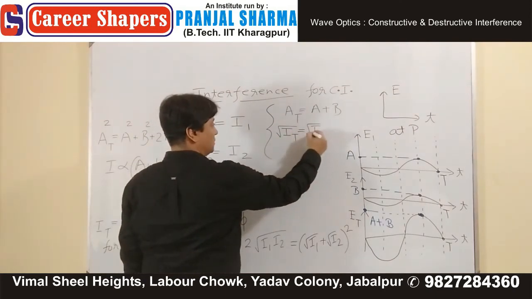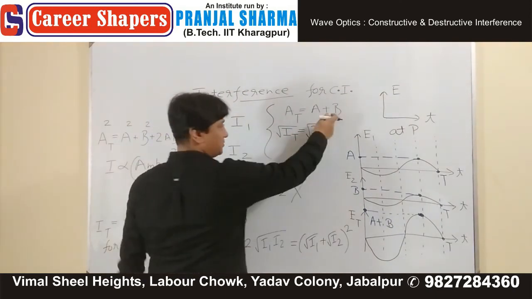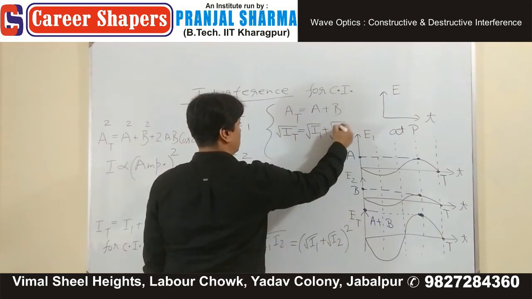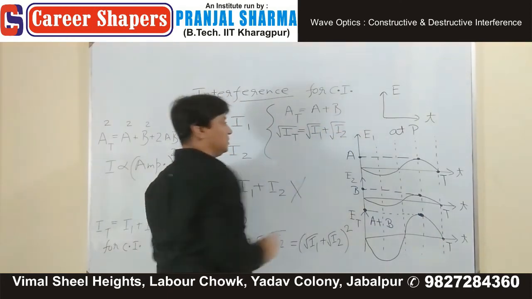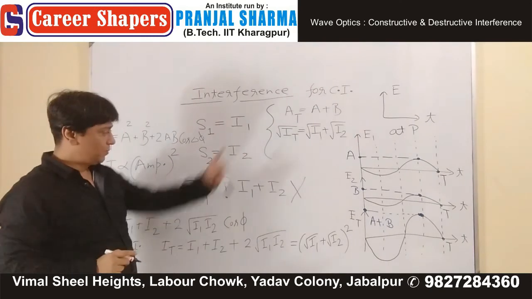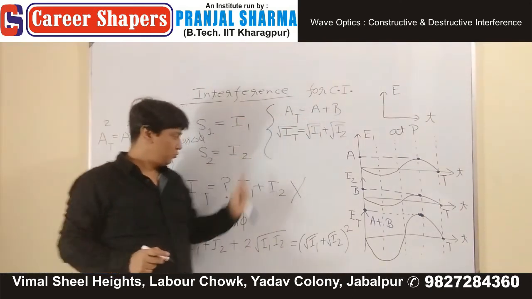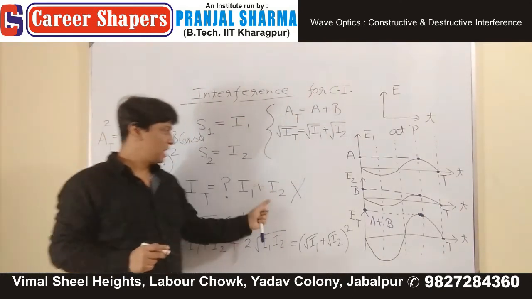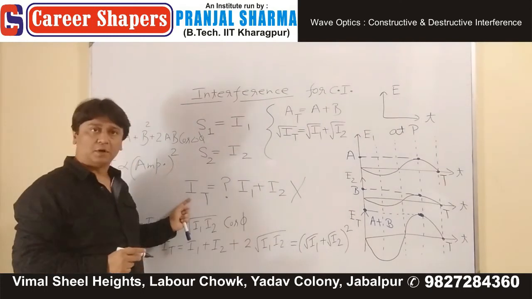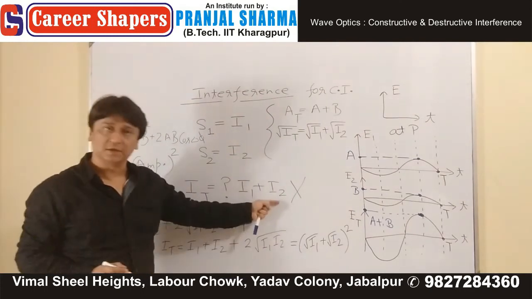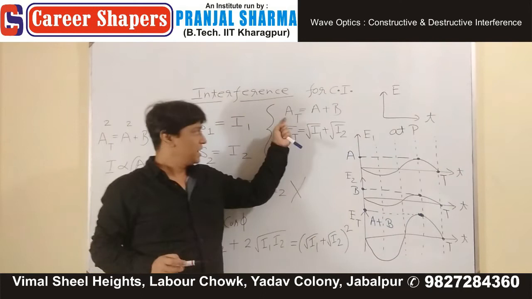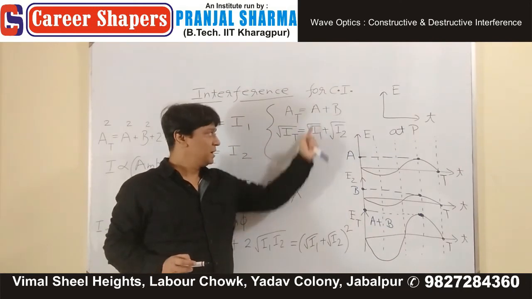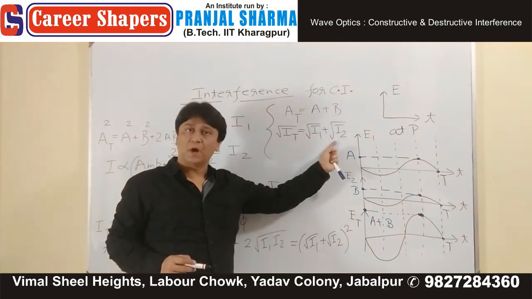Root I1. What is B? Root I2. Now what some of you did, you replaced A with I1, B with I2, A total with I total, and therefore you produced this answer. But A total is this, A root I1, B root I2.